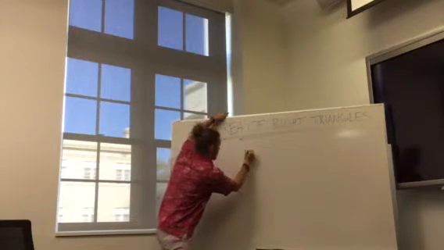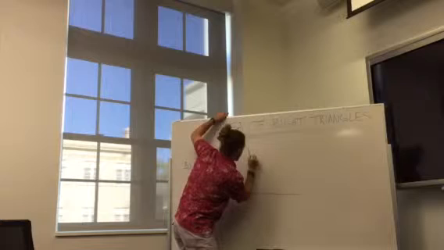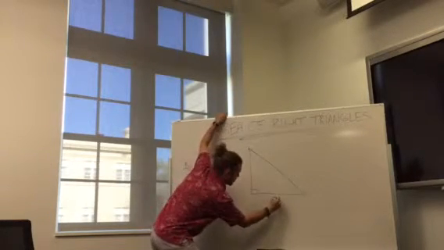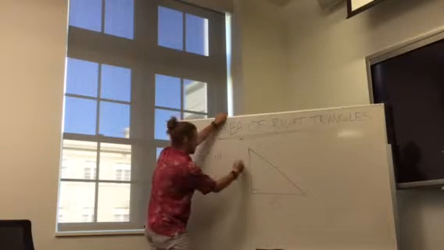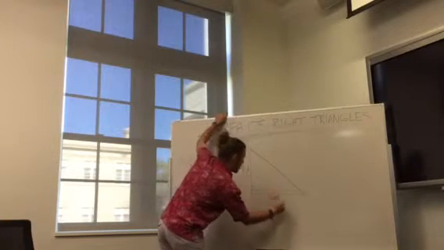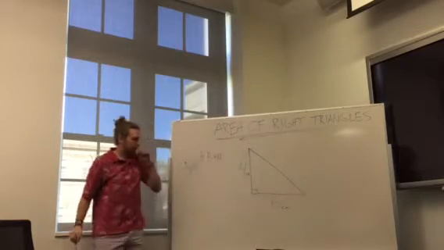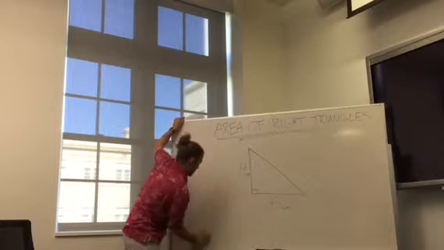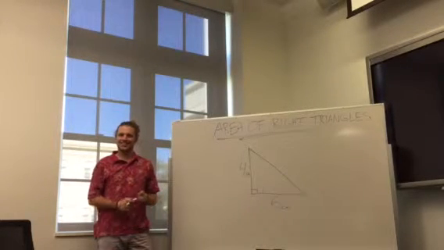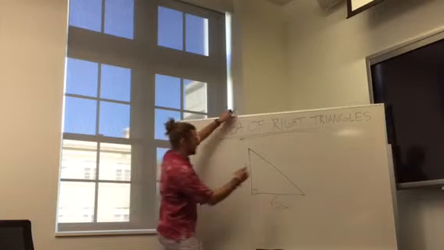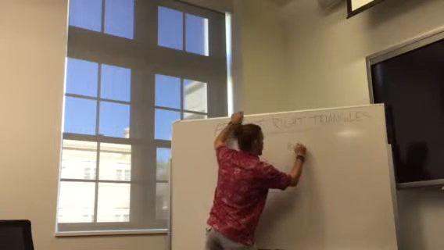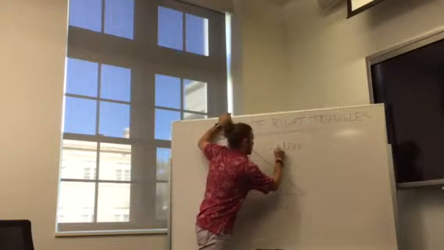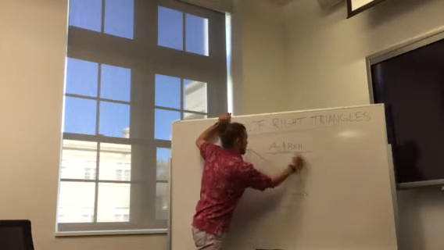Here's our next one. Our base is 6, and our height is 4. So Jan, what's our formula for this? It's going to be base times height, but it's not the whole rectangle, so it's half. That's it. 1/2 times base times height is our area.